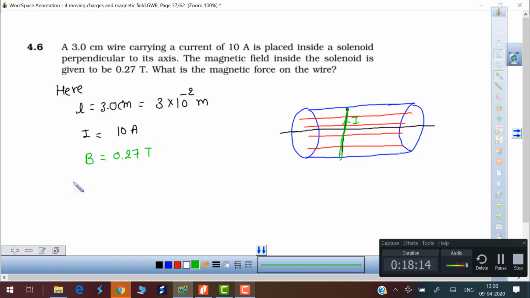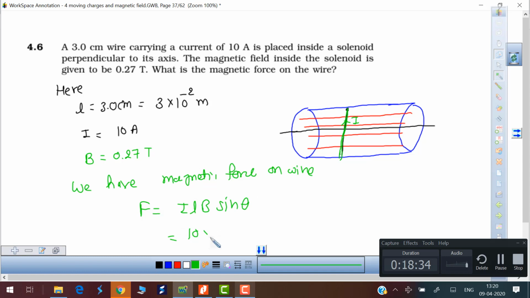Then what is the magnetic force on the wire? So magnetic force on wire F is equal to ILB sine theta. So I, you have given 10, length you have given 3 into 10 raised to minus 2. We are finding force on this wire.